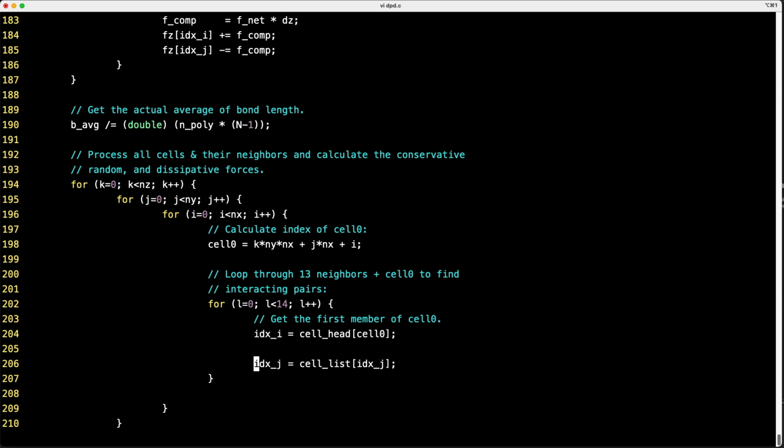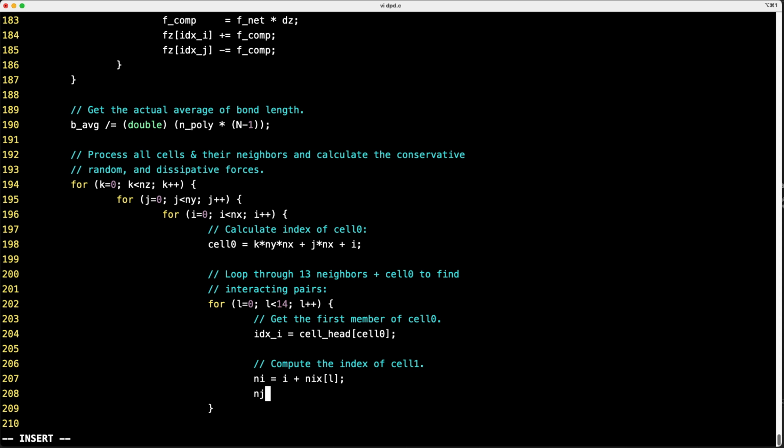But we don't actually want to do this yet. What we really want to do is compute the index of cell 1. That's the cell that we're processing cell 0 with, and it could be equal to cell 0. So the neighboring index i, ni, will be equal to i plus NIX of l.